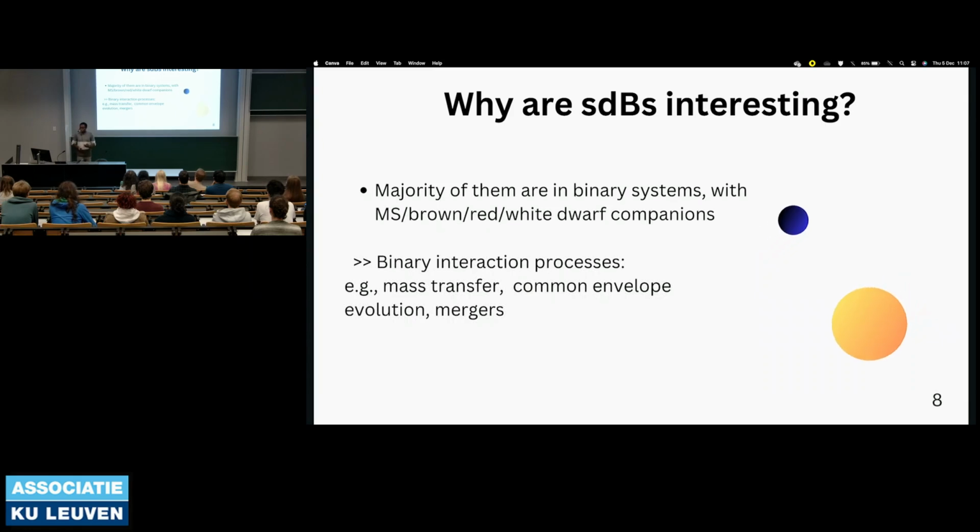Second, the majority of hot subluminous stars are found in binary systems with cool and low-mass main sequence companions and white dwarf companions. And these are also important populations to study binary interaction processes such as mass transfer, common envelope evolution, and mergers.